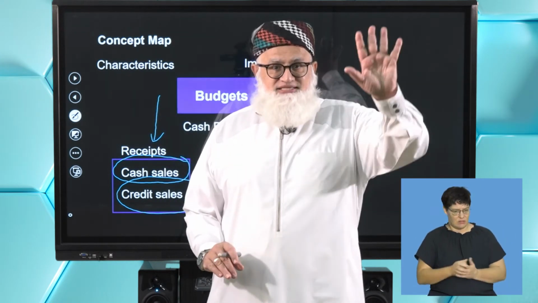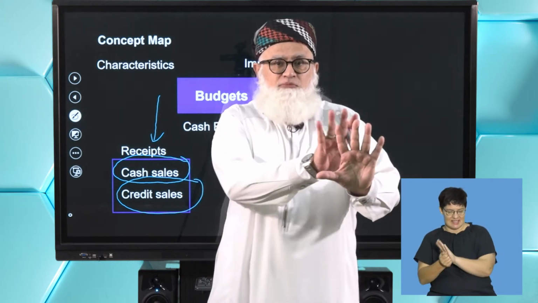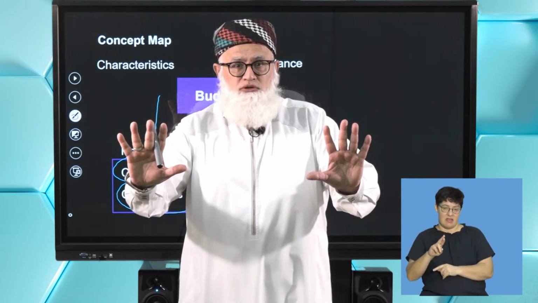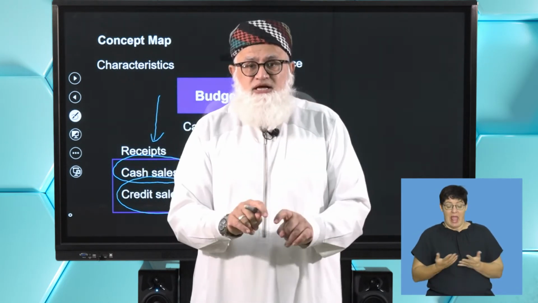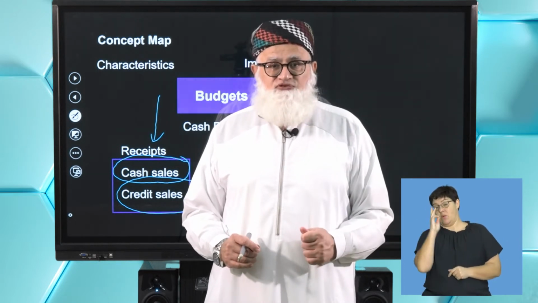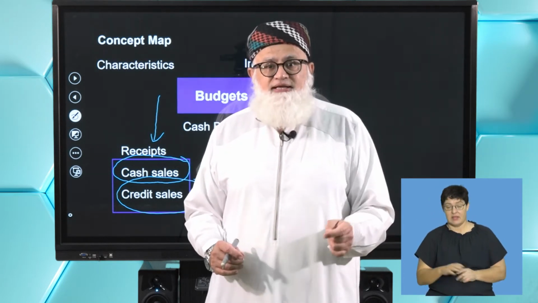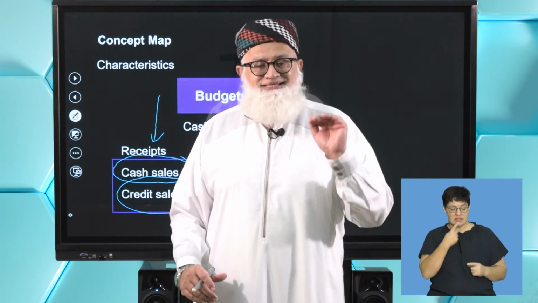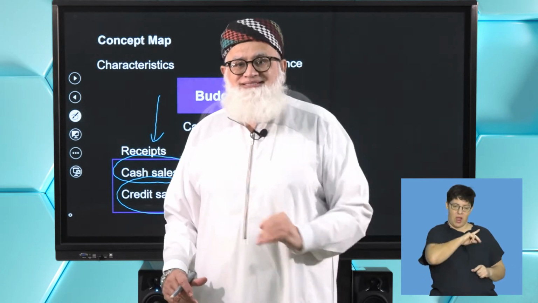Because we said it's credit sales. From our credit sales, we moved on to our debtors collection schedule, which gives you an anticipated or projected amount of what you expect to receive from your debtors. And then finally, that would feed into your cash budget, where you would say receipts from your debtors.